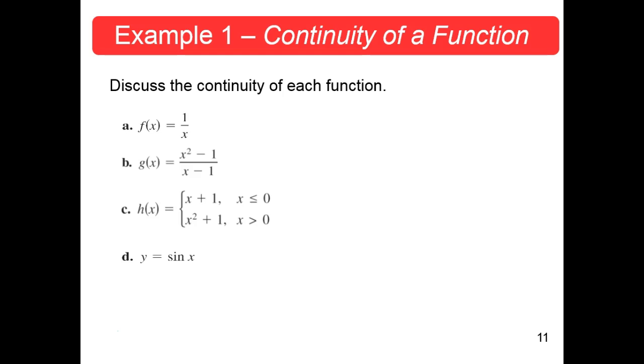Is that a removable discontinuity? How would you define it as 0? Okay, let's think about this a moment. As x approaches 0 from the left, from the negative side, it's doing something like that, right? As x approaches 0 from the right, it's doing that, right? Now, where are you going to redefine?